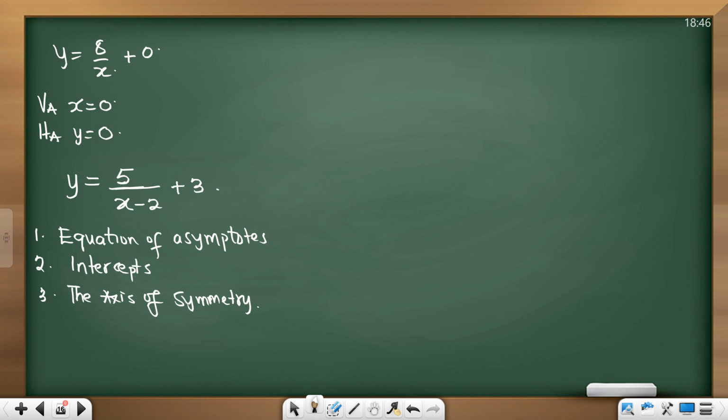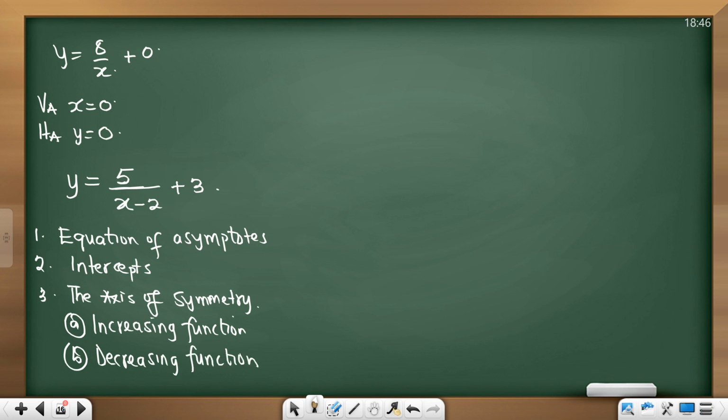Axis of symmetry, but I want you to be specific. A, and b, that is a decreasing function. You have 4 minutes to get all of this.